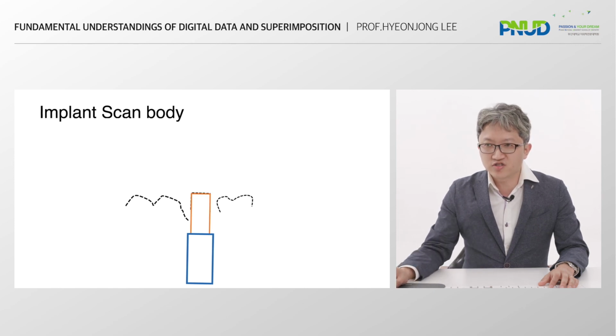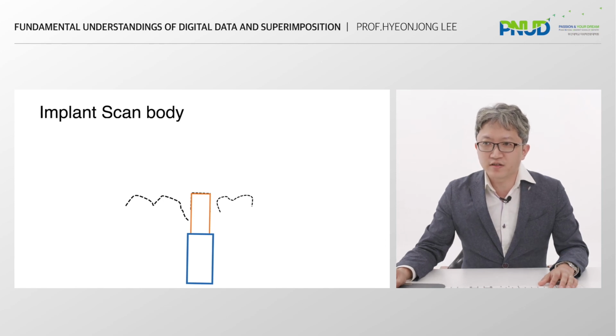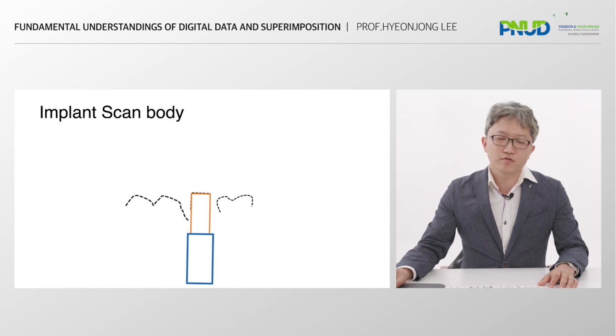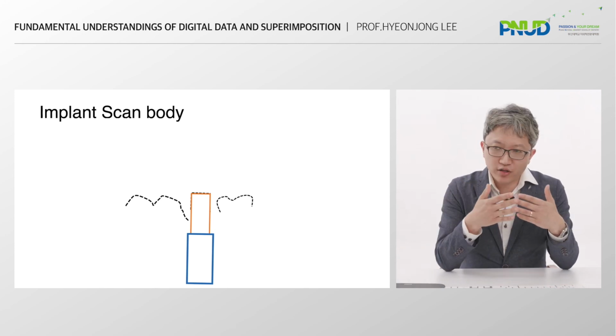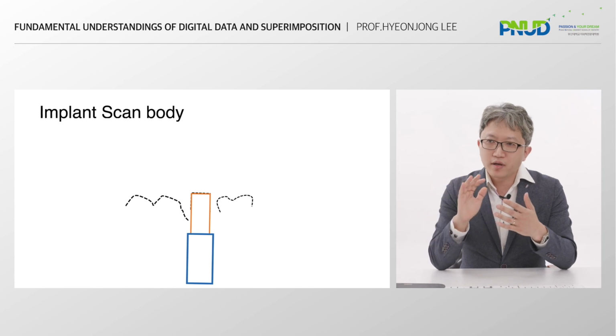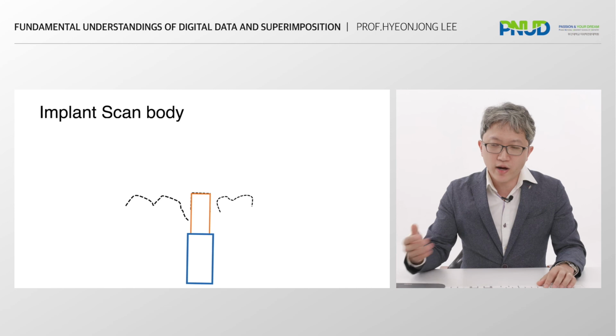But the mesial side and distal side are not easy to scan because of the adjacent tooth. The scanner light is not sufficient to get a good image of the distal or mesial surface. So there could be a hole on the mesial or distal, while buccal, occlusal and lingual would be really well scanned.